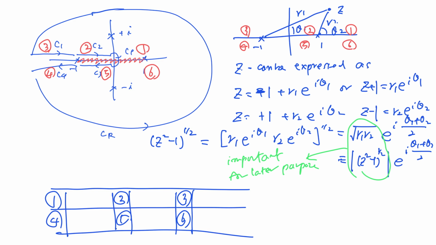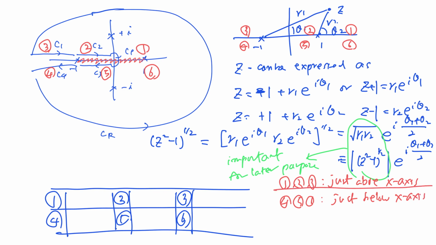So 1, 2, 3 is just above x. The angle for theta 1 is zero, right?